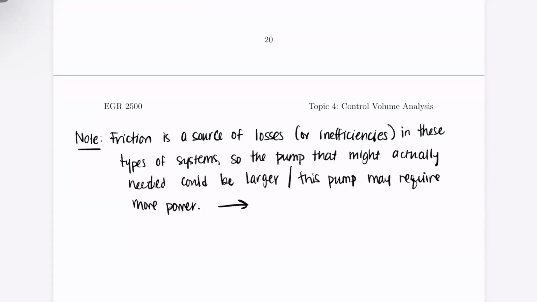More detail on this in ME 3500. If you're an ME student, you will see that eventually.